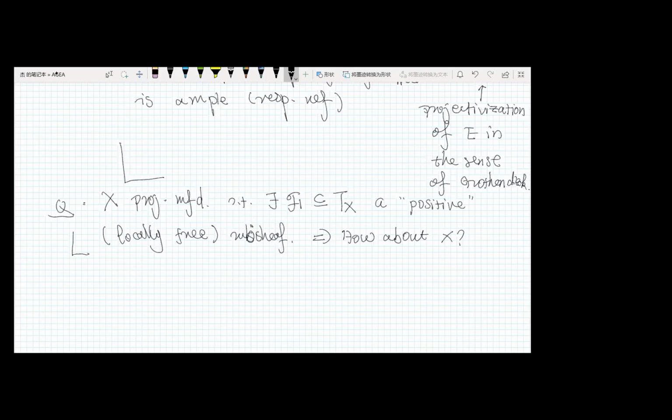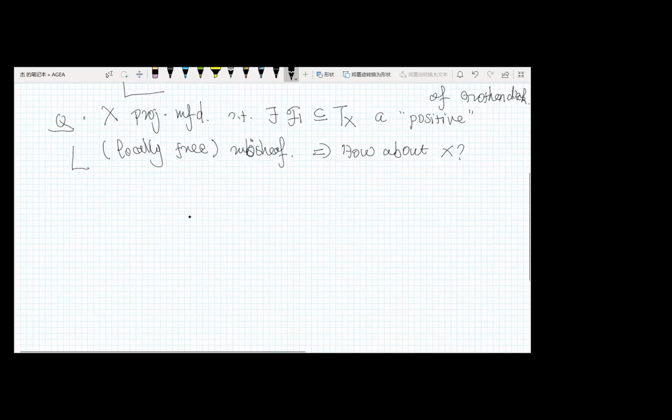Let me start with the first result, by the very famous result of Mori. If X is a projective manifold, then the tangent bundle of X is ample if and only if X is isomorphic to a projective space P^n.